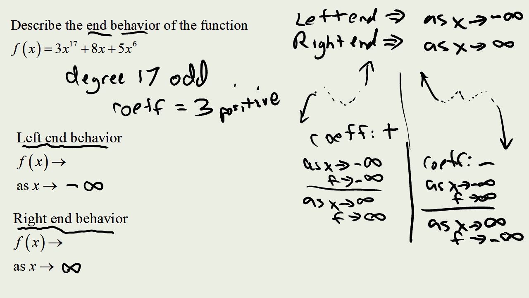So we have this situation here, though. We have the situation where the coefficient is positive, it's odd. This combination together then tells you that as x goes to negative infinity, that's the left end behavior, the function is going to go to negative infinity.